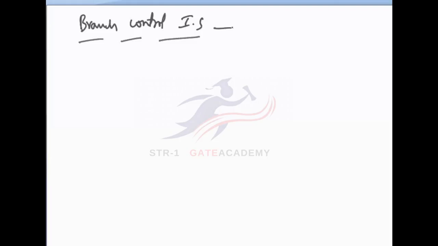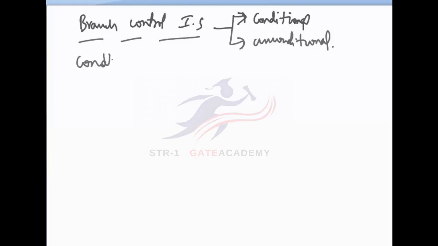That's why it is classified into 2 types: conditional and unconditional. First we will go through the conditional branch control instruction set.